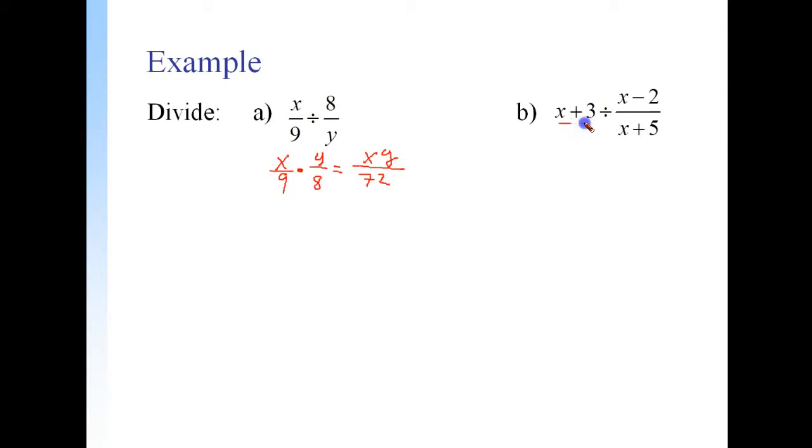And this, keep in mind, is over 1. So that just becomes x plus 3 over 1 times x plus 5 as we take the reciprocal of that, x minus 2. Now notice we couldn't cancel anything out. So it's just that then over that. We have multiplied. Now if you FOIL it, that would be okay, but theoretically leave it in factored form.